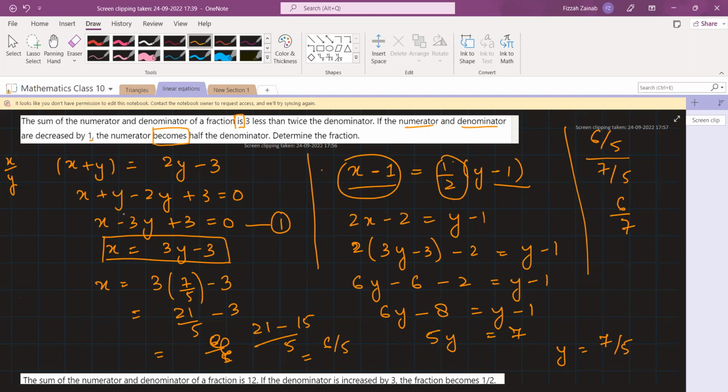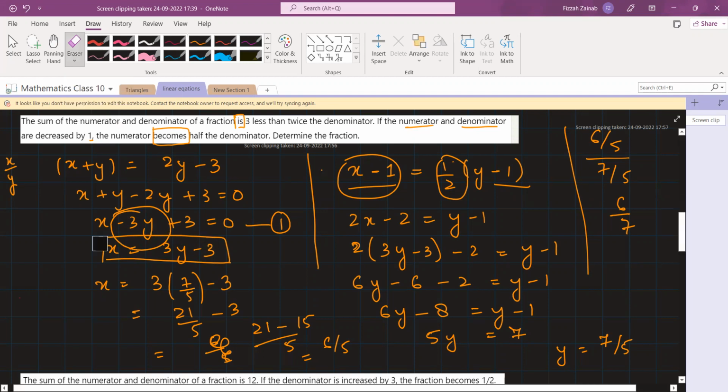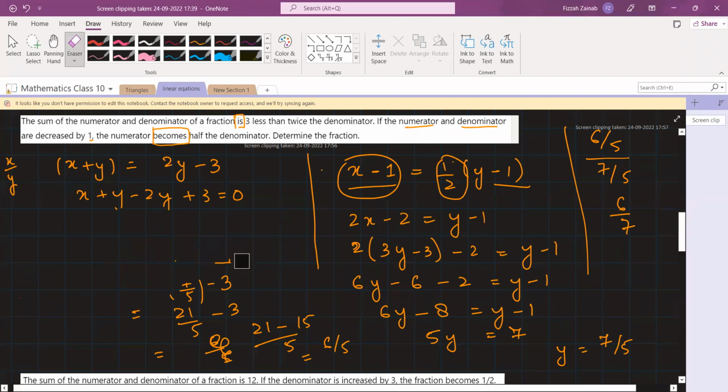Oh, Harsha again. See, mistake here. Yes, ma'am. So anyway, only the first part is wrong, right? So second is correct. So here we can correct it. And then we will get a different value of x. So it will be 4 by 5. Then you will get.